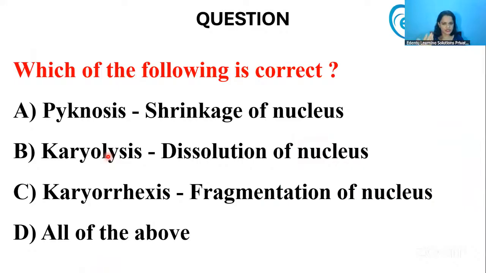Now, next question, we will discuss what pyknosis, karyolysis, and karyorrhexis are. Which of the following statements is correct here? Pyknosis means shrinkage of the nucleus, karyolysis means dissolution of the nucleus, karyorrhexis means fragmentation of the nucleus, or all the above statements are correct. Actually, all the above statements are correct.